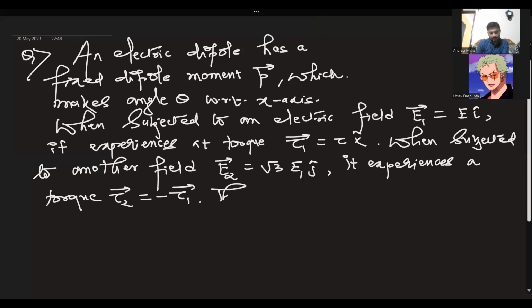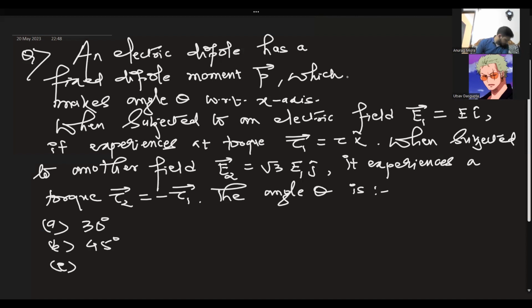Question is the angle theta is: option A 30 degree, option B 45 degree, option C 60 degree, option D some other degree. This is a question from JEE Mains 2017.